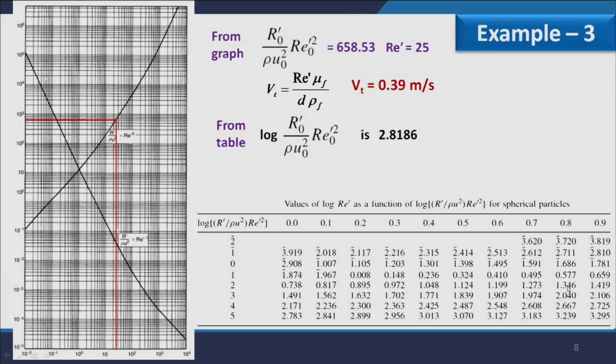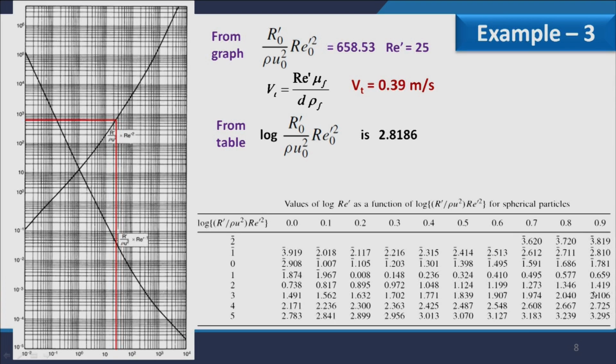Further, it is 2.8186, so again we have to find the value corresponding to 2.9. So 2 is here and 9 is here. So the value is 1.419. So the value of log Reynolds number corresponding to 2.8186 will lie between 1.346 and 1.419.